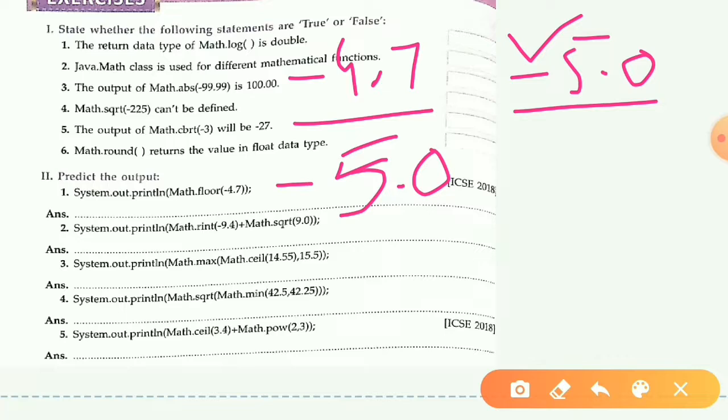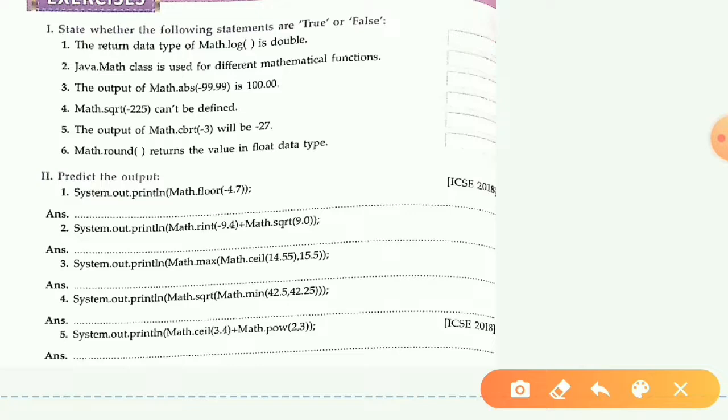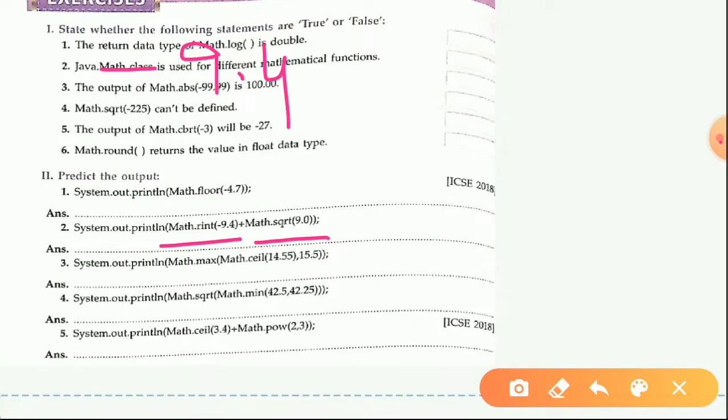Okay, now see the second one. You have to find out the addition of two functions, Math.rint as well as your Math.sqrt. Now firstly see Math.rint, you are having what? -9.4. Then if you calculate Math.rint function over this number, then it is going to give you what? -9.0.